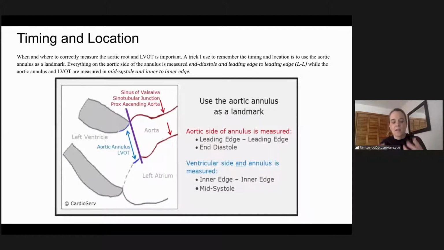Because if you're not in the same spot, it's going to throw your numbers off and give an erroneous aortic valve area. Most likely it will give you a smaller area if you're in the stenotic portion of it. So you just want to make sure you're in the area that isn't turbulent.